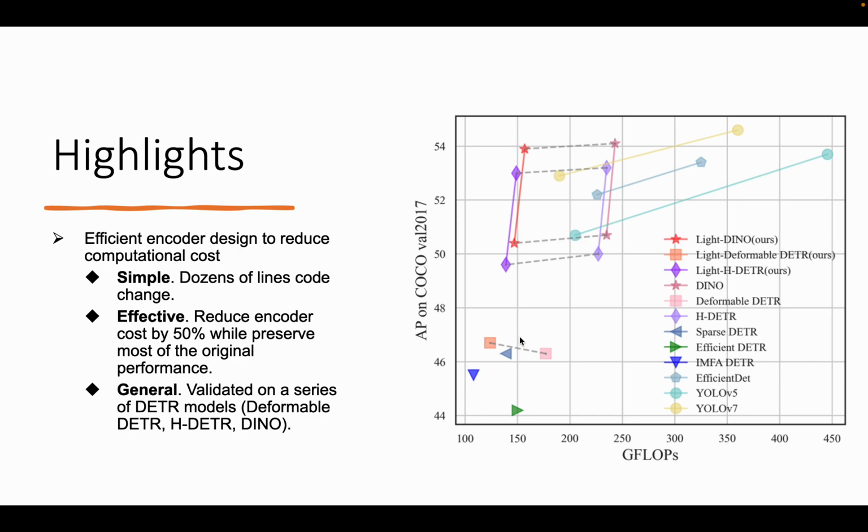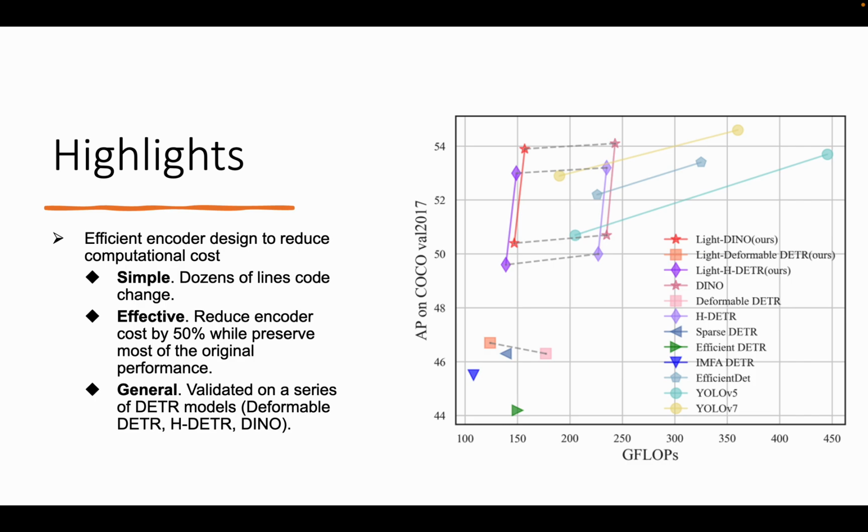Second, it is very effective. It can reduce the encoder cost by 15% while preserving most of the original performance. And third, it is very general. We have validated our efficient encoder design on a series of DETR models like Deformable DETR, Edge DETR, and DINO.